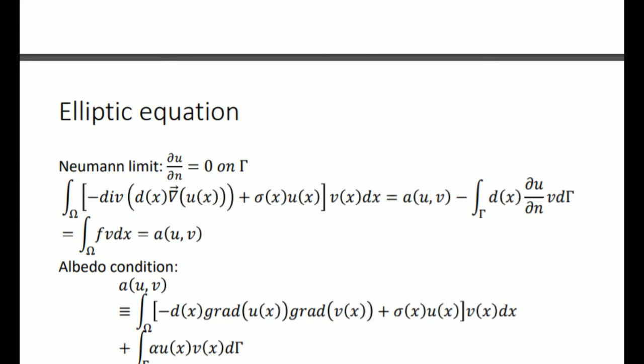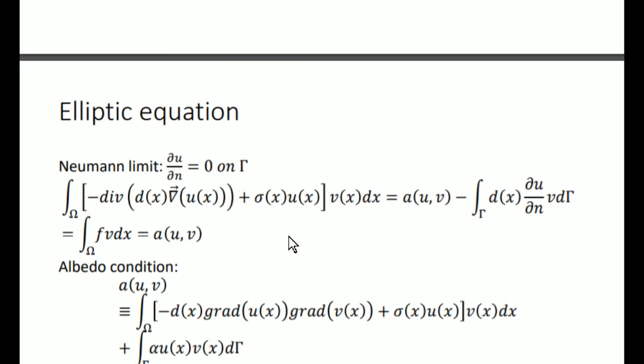Now, what if we take the von Neumann limit? So we also see that this term disappears, which is nice, and we always find the condition that a of uv is equal to f of the integral over omega, that f times v dx.